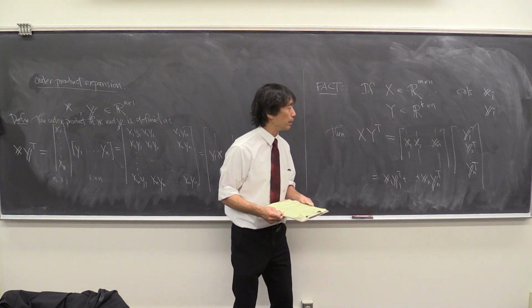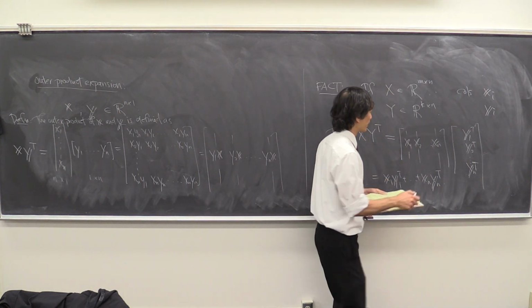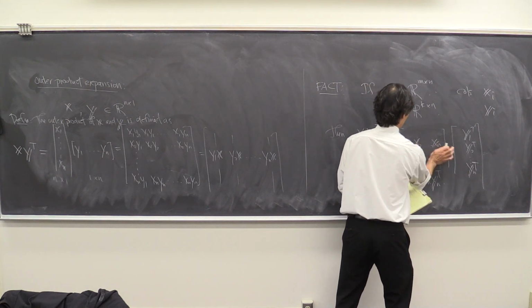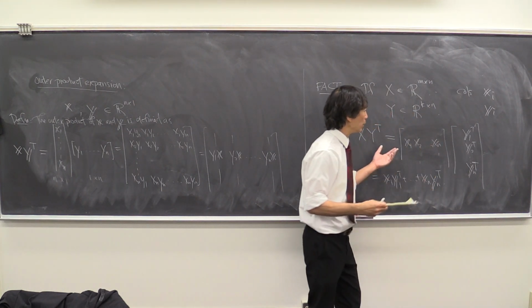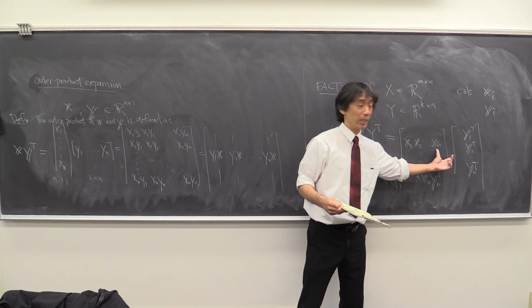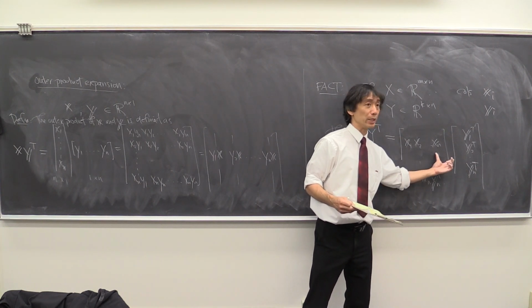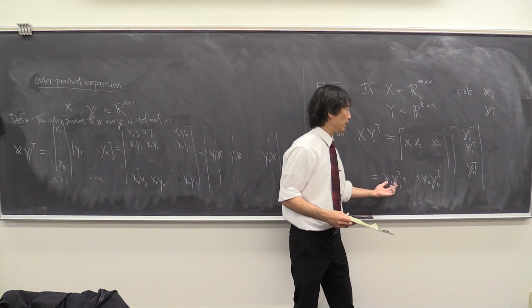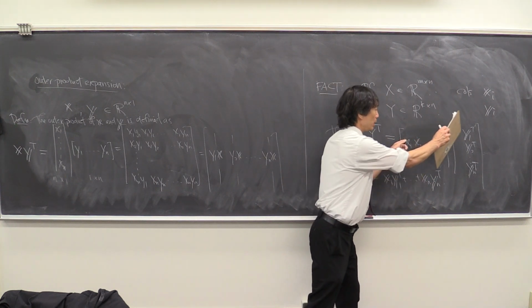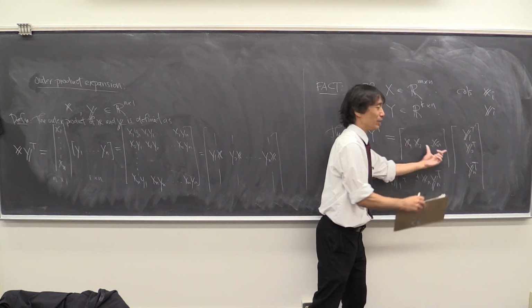When you multiply these two matrices together, it basically works like a dot product.